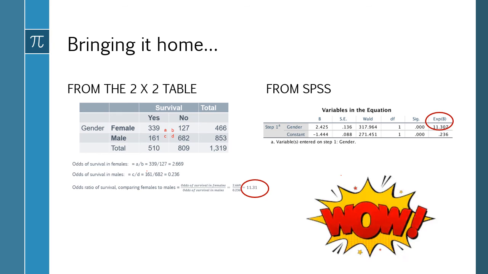So I've just shown you simple logistic regression, how we go from the 2x2 table that we learned about in EPI, and then using some math that you learned way back in high school and logistic regression to get to how you get the output from SPSS. In real life, you would just go straight to SPSS, but I wanted to take the opportunity to show you how those two fit together.